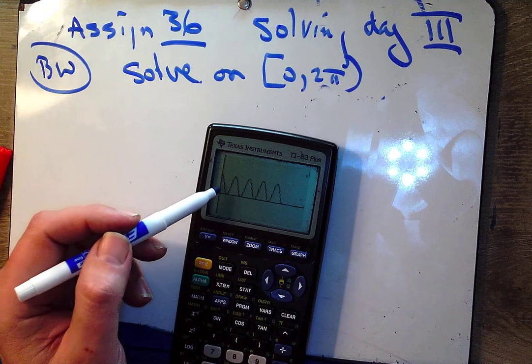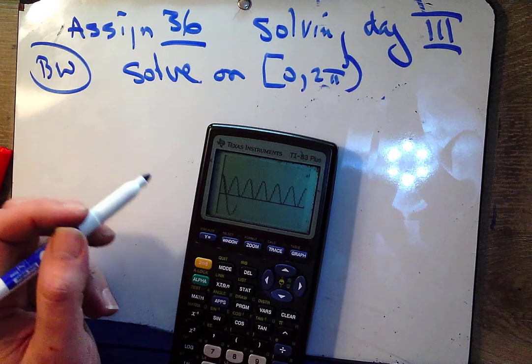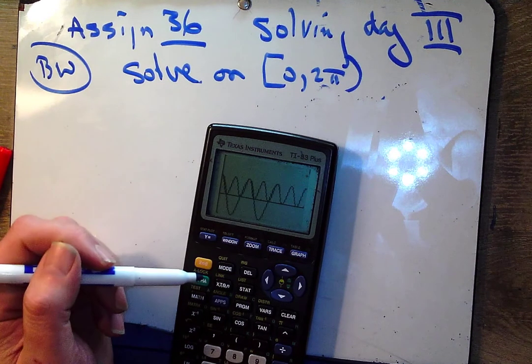So that's the cosine squared with all its bounciness. And here's the cosine 3 theta.